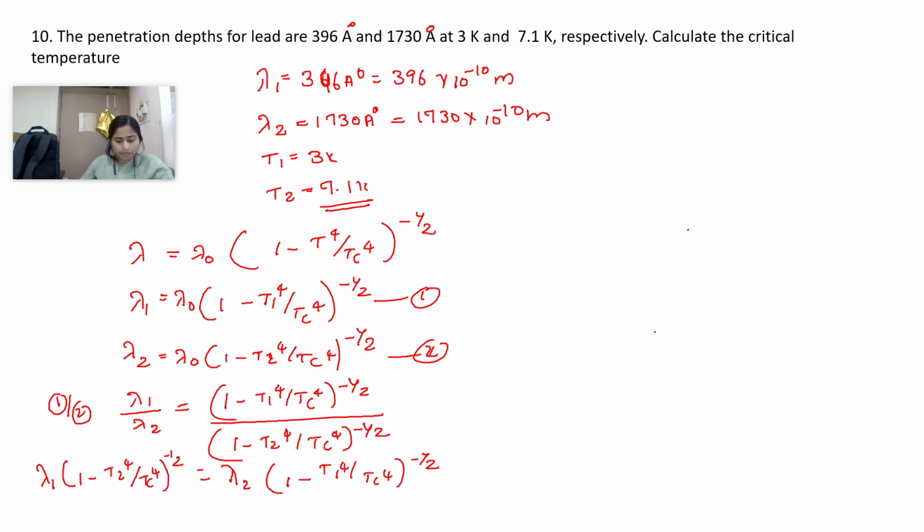Now let us take the square on both sides to get tc properly outside.